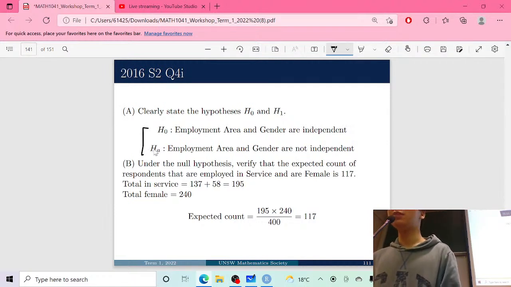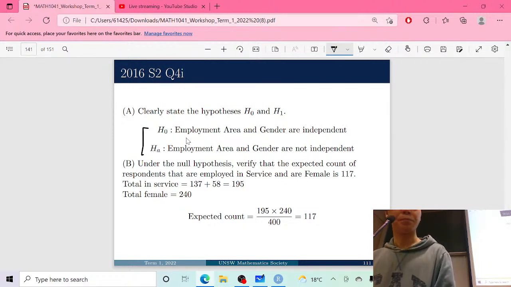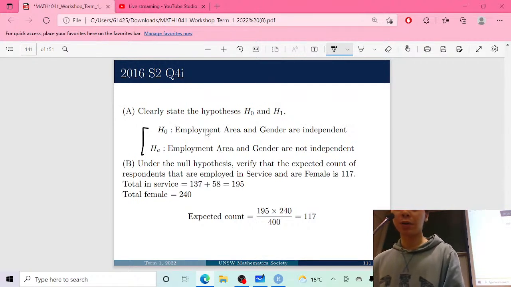I don't think you'll ever have a point where they're not these specific ones. So under the null hypothesis, we want to verify the expected count of respondents. The idea is that you compute the row total times the column total divided by the number of samples that we have here.